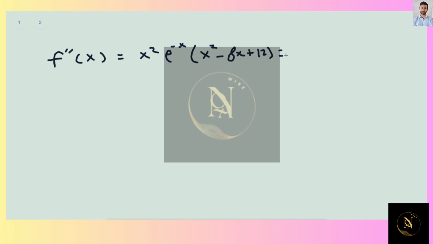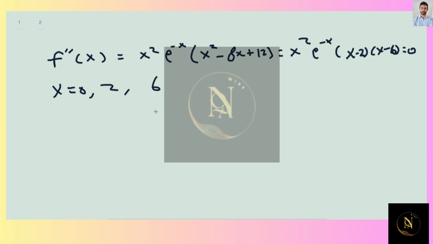And then you can factor x squared minus 8x plus 12, and it comes out to be x minus 2 times x minus 6. You set this whole thing equal to 0. And it is equal to 0 at x equals 0, 2, and 6. This is a 6, by the way, not a 1. So a 6.